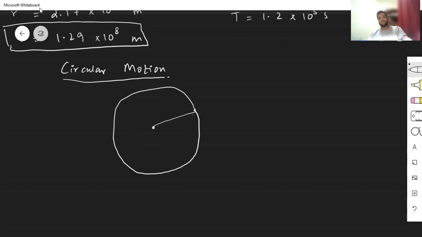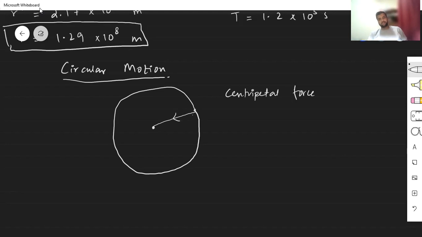The idea behind circular motion is that the centripetal force always acts towards the center of the circle. So if I am rotating this mass around my hand, the centripetal force is basically towards my finger, the point where I'm holding the other end of the string.